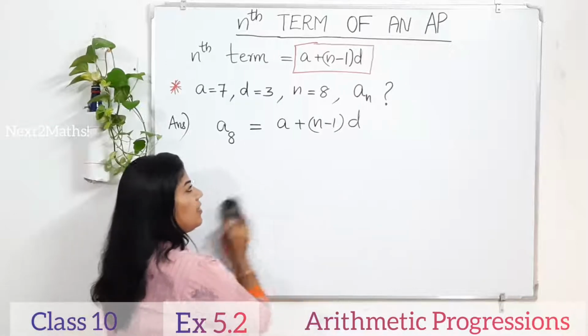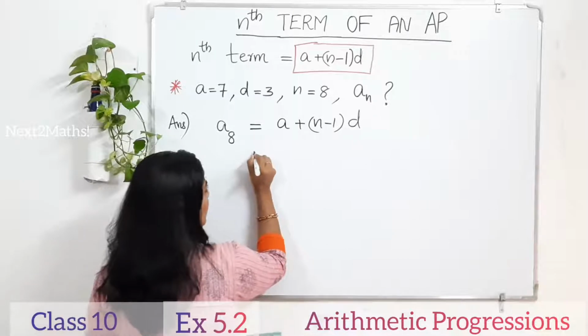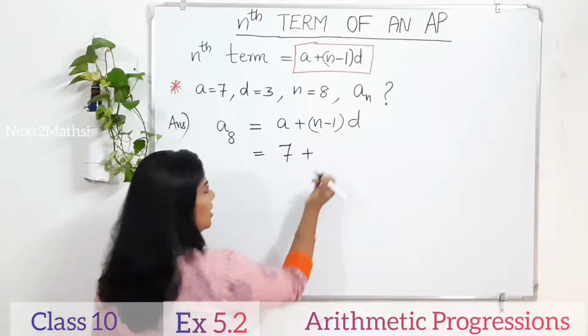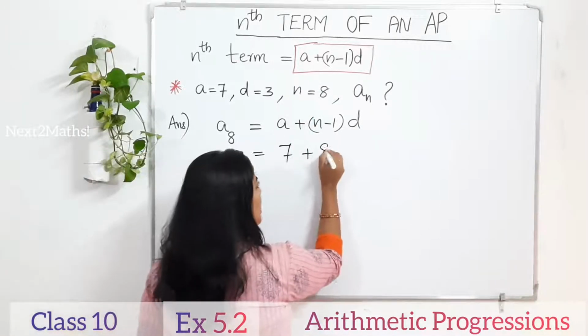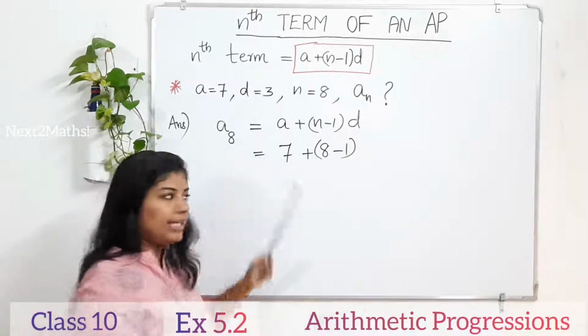We are going to give numbers here. What is a? 7. 7 plus (n minus 1) into d. n is 8, so you can write 8 minus 1 into d. What is d? 3.